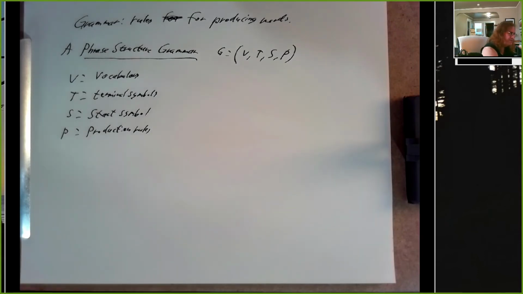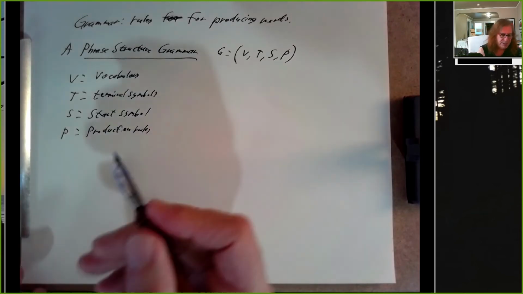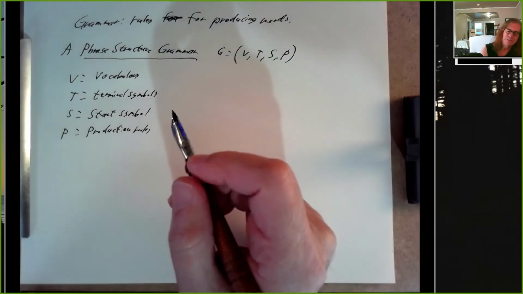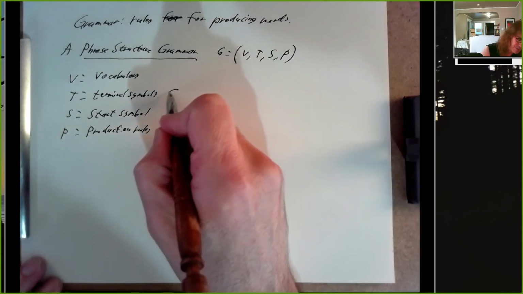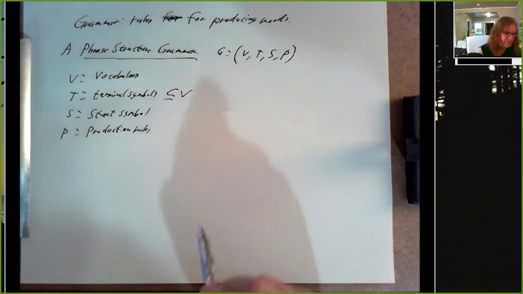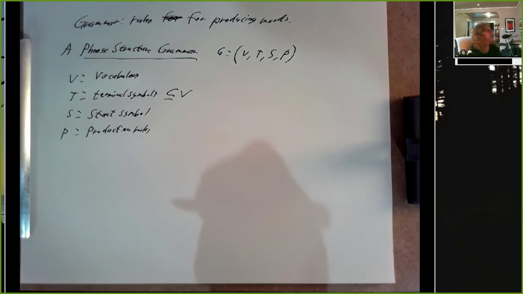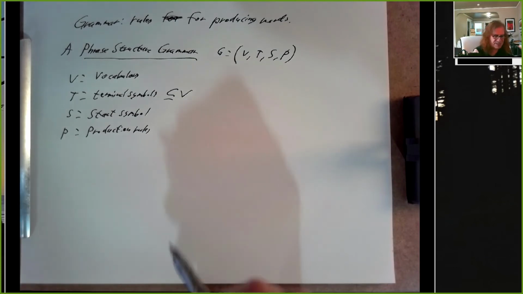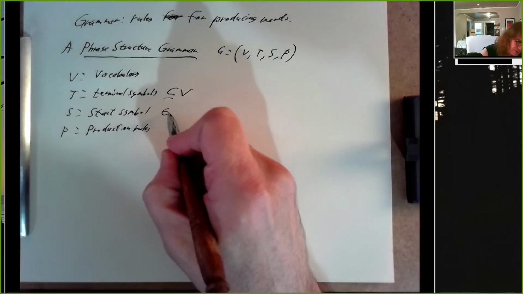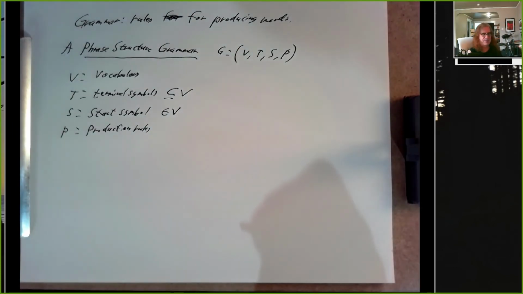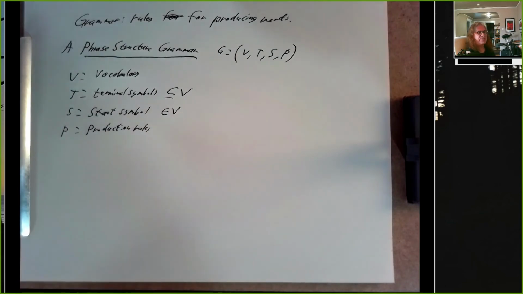V is the vocabulary. It's the symbols from which our words are constructed. T is a set of special symbols which we call terminal symbols. This is a subset of our vocabulary. S is a start symbol, which is contained in the vocabulary. And P is where all the magic happens.